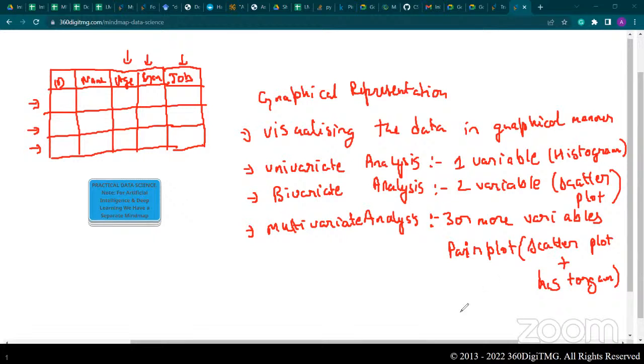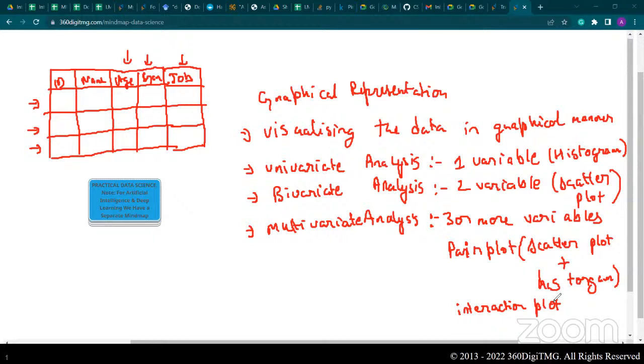And then we also have something called the interactions plot. Interactions plot is a little more difficult to understand, but I'll try to give the gist of it. Basically, we have multiple variables.